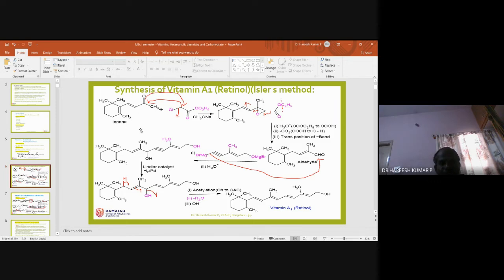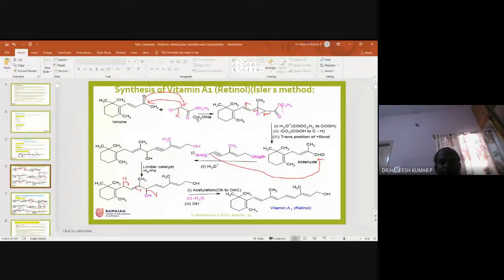You know that this is a carbonyl carbon, and the carbonyl carbon is electron deficient. What you need to remember here is that in the presence of a base there will be formation of an anion, and that anion forms a bond with this carbon.